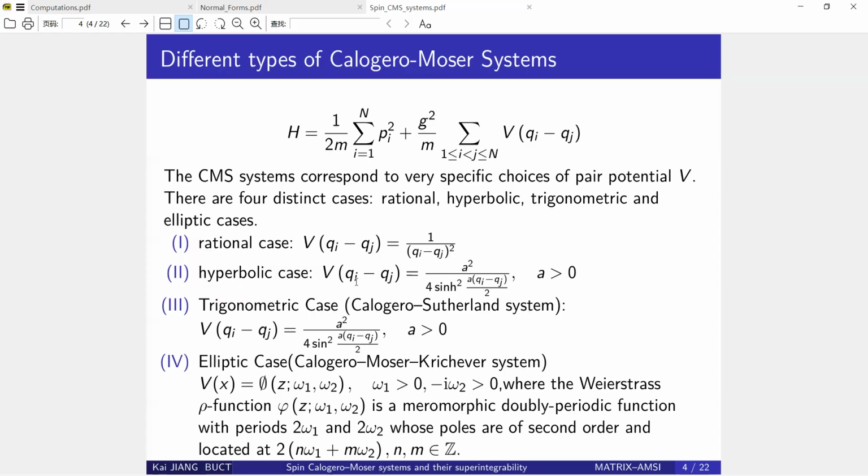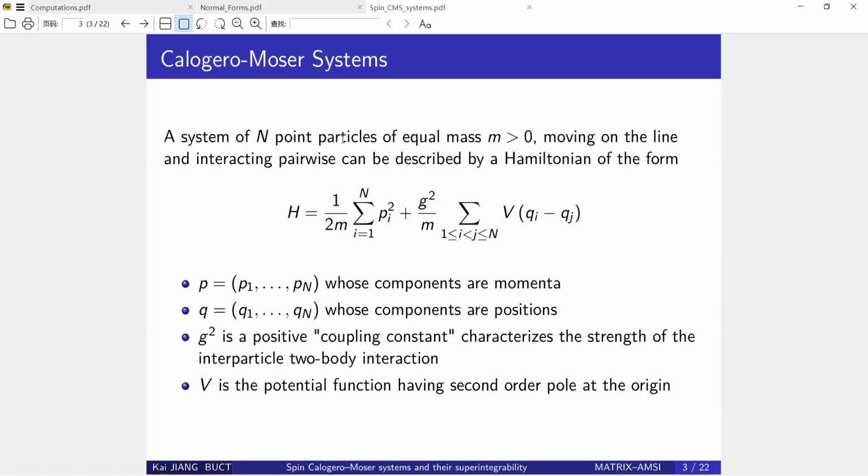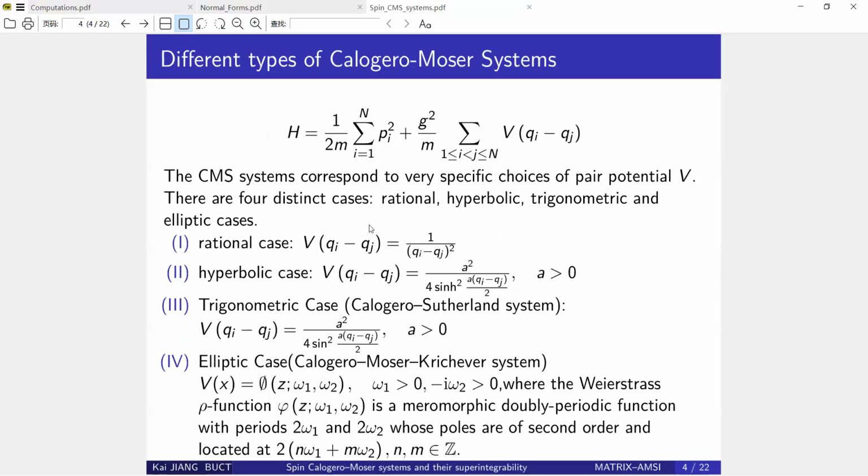What is the difference? You can see from the definition that the n particles move on a line. But the trigonometric one has sine, so it is periodic. As we know, trigonometric functions are periodic.